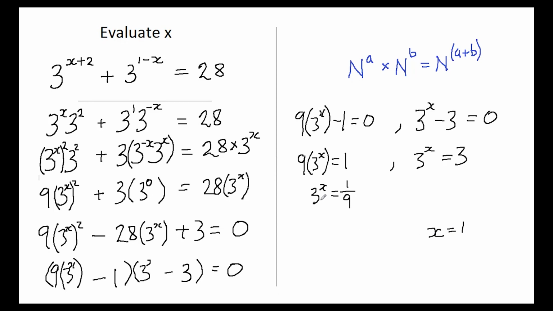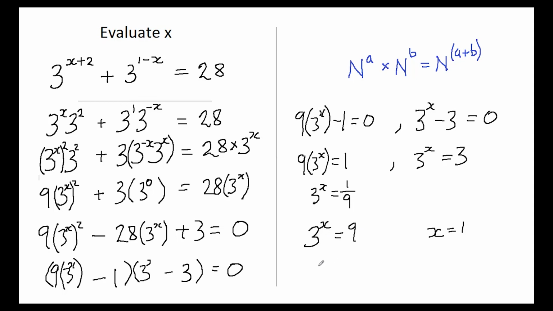This one's a bit harder. 3 to what power gives you 1/9? Well, this is a harder problem. So first of all, let's invert the 1/9. If we do that, we get 3 to the power of x equals 9. Now, 3 to what power gives you 9?